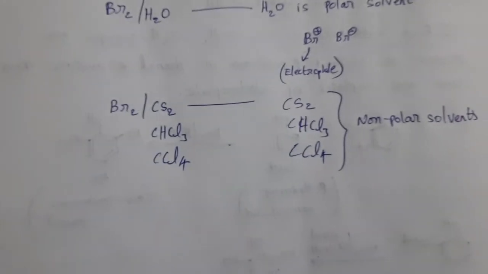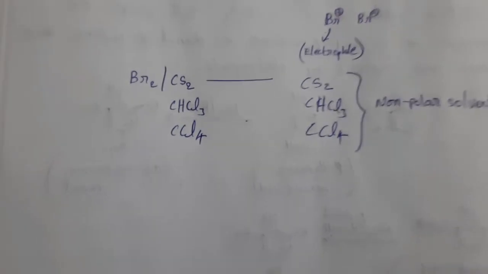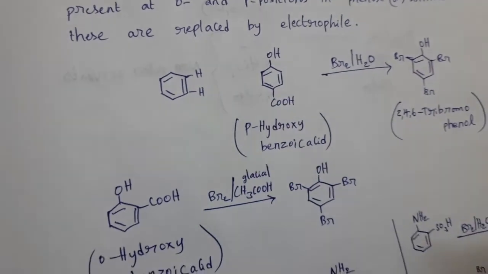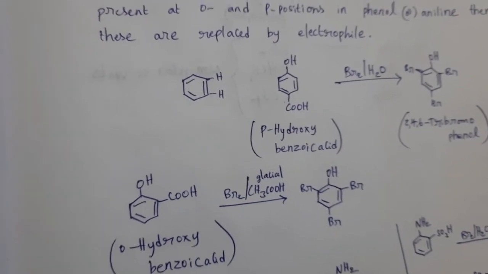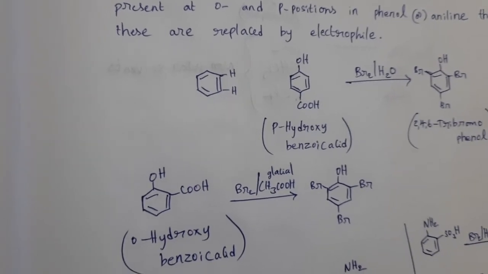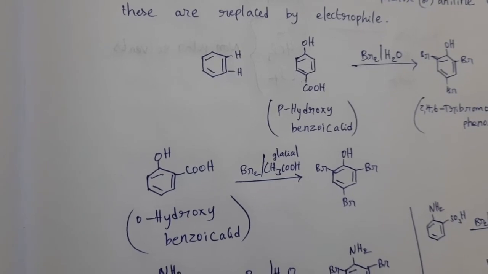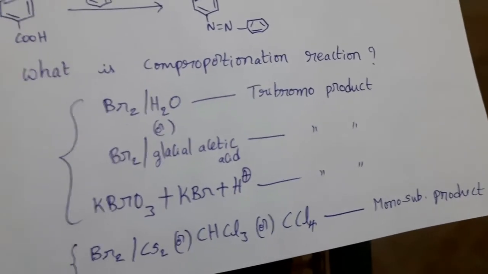So in presence of non-polar solvents, bromine does not undergo ionization, and this OH group also cannot provide more electron density in presence of non-polar solvents like CS2. So electrophilic substitution reaction takes place very slowly. Then the only possibility is mono substitution. That's why when we use this reagent, we can get the mono substitution product.